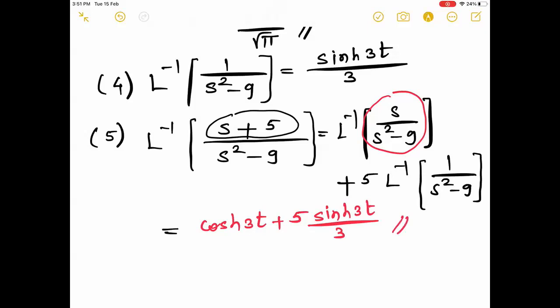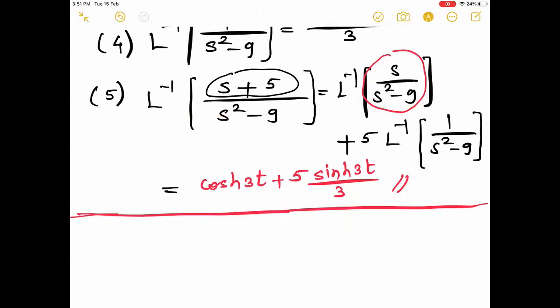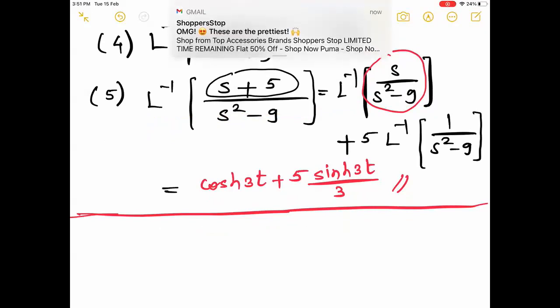Remember, when you take the inverse transform, the right hand side should be completely a function of t. And when you take only the transform, the right hand side is a function of s. These are the terms which should be remembered according to the formulae. Now you know how to take the Laplace transform and the inverse transform.